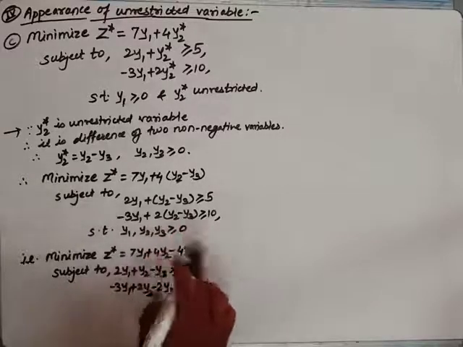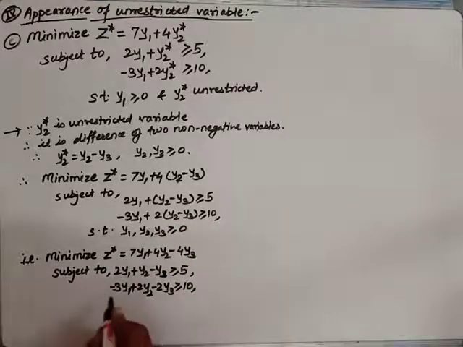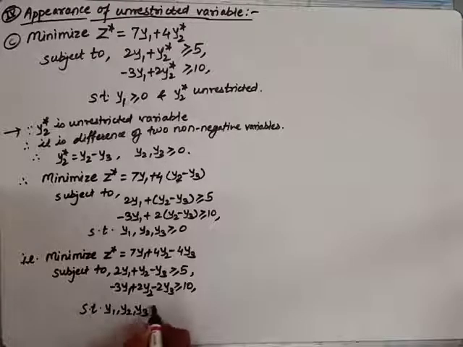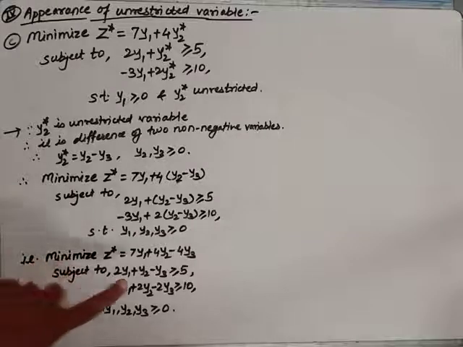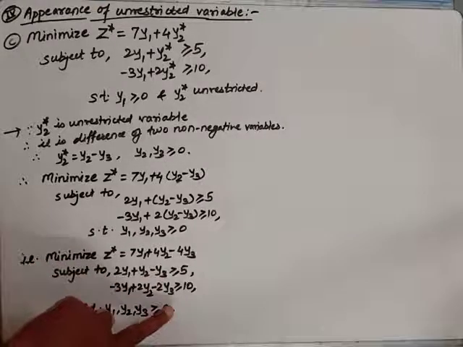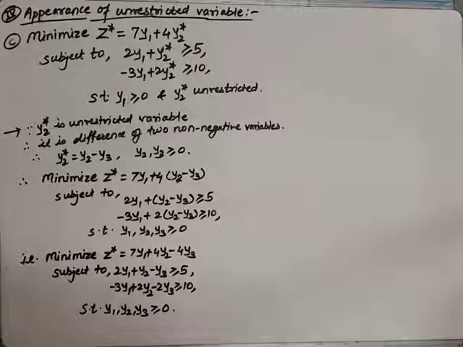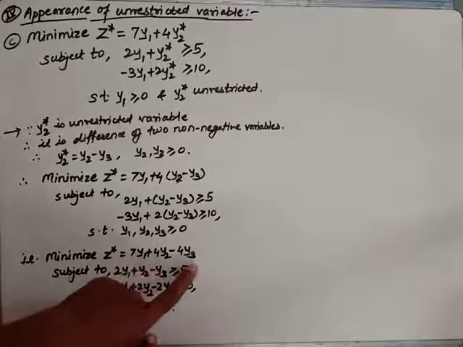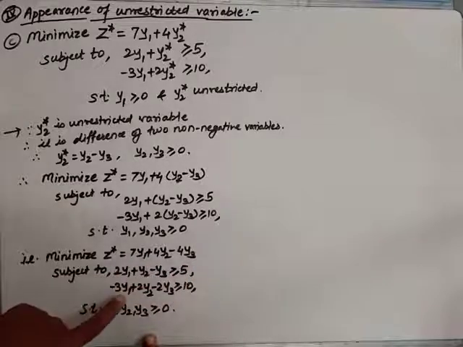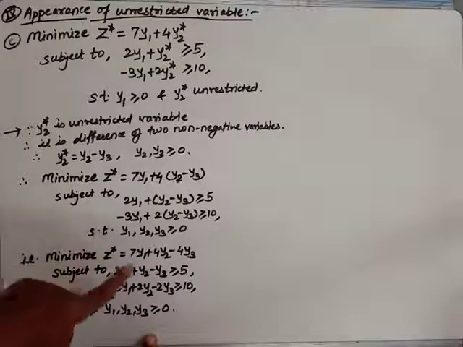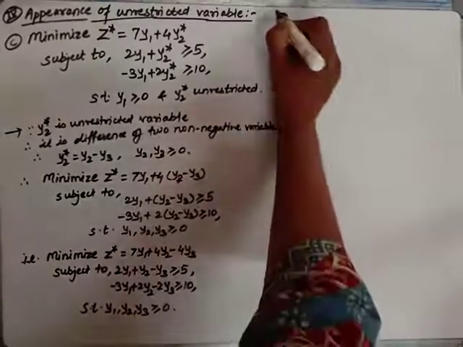Just simply we have opened the brackets, such that y1, y2, y3 greater equal 0. Now it is of minimization type. All the constants are of greater equal type. So no need to do any changes. Now here the primal has 3 variables and 2 constants. So dual has 2 variables and 3 constants. So let us write them.